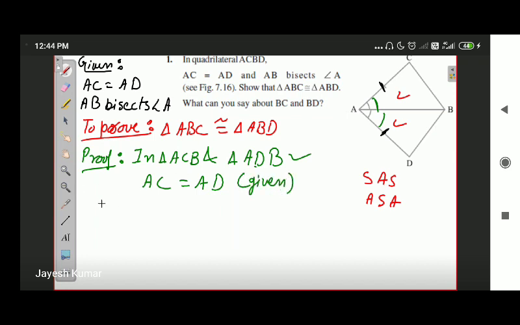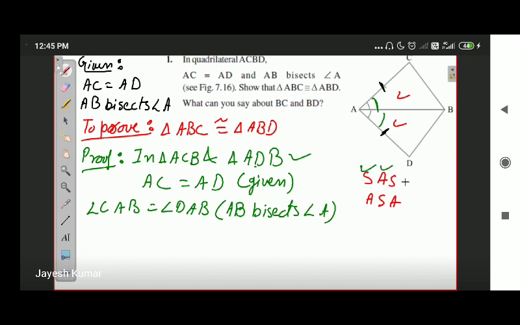And also angle CAB is equal to angle DAB. Why? Because AB bisects angle A. So we have concluded two things. We have one side, one angle. There is no mention of another angle.